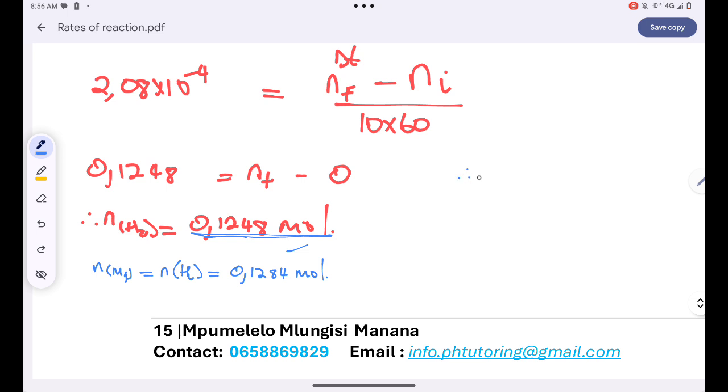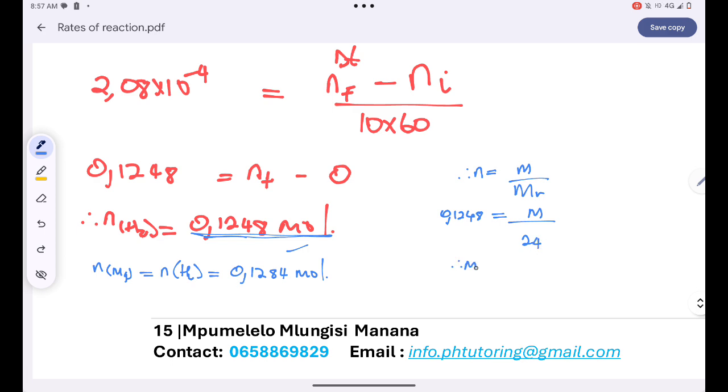I'm looking for the initial mass. I know that number of moles is equal to mass all over the relative atomic mass number. That's 0.1248. I don't know the mass, but I know that the relative atomic mass number is just 24.